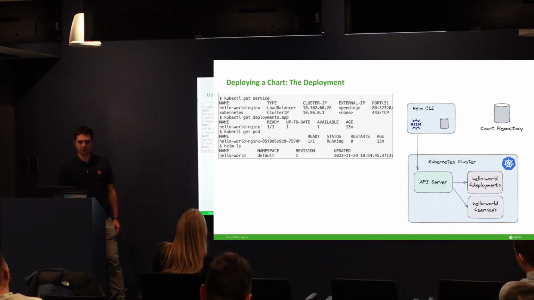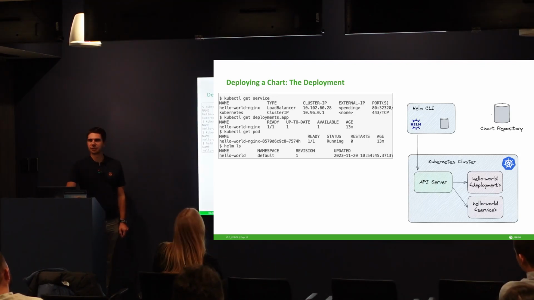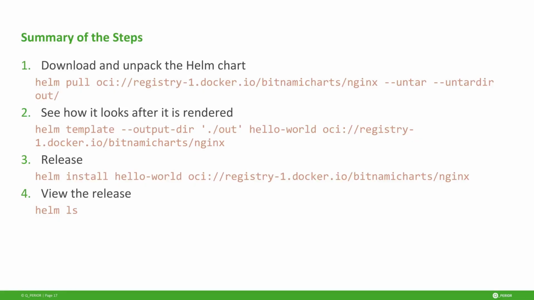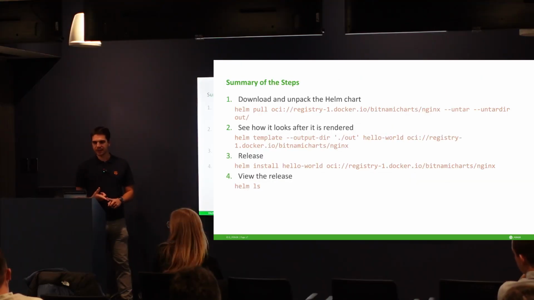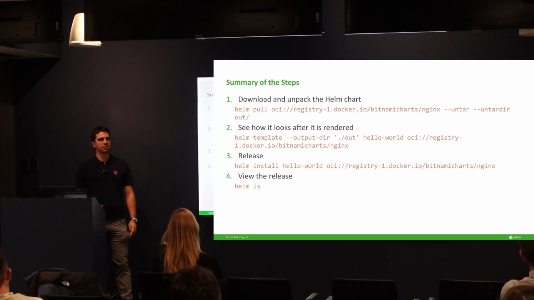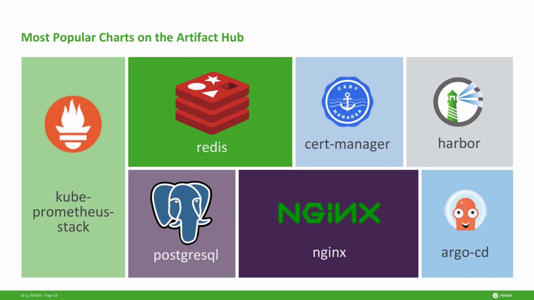Here we see that we have our Hello World release in revision 1. So, really short, what we did: we first downloaded it, then we templated it, then we installed it, and then we saw our release. These are the options that you have, or you can also really simply just install it. So that was a really simple Hello World HTTP server, right?